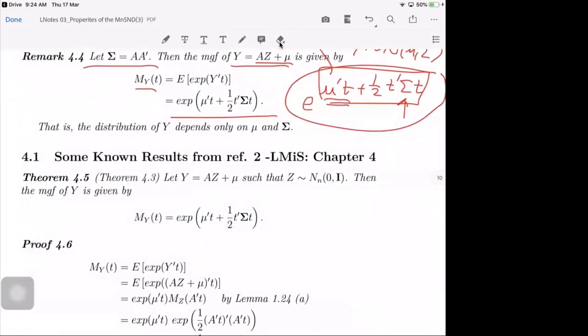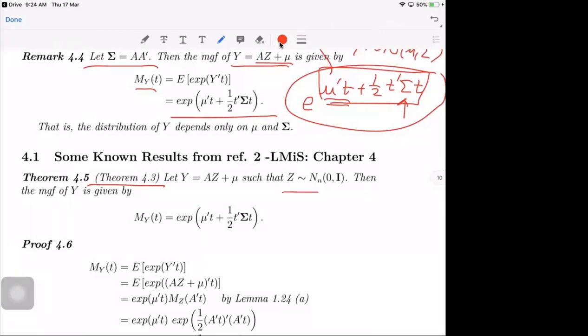So let's see some results. The proof of this theorem is similar to the illustration that we have just discussed.